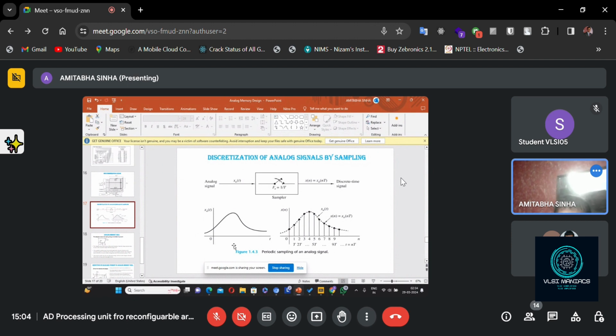If you see this diagram, the left-hand side is a continuous time analog signal and the right-hand side is sampled analog data. So 0, 1, 2, 3, 4 are the sampling numbers. So n is the x-axis and xn is the y-axis. xn represents the value at sample number n.